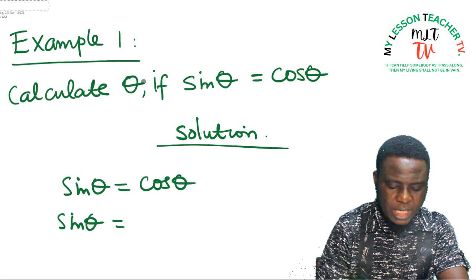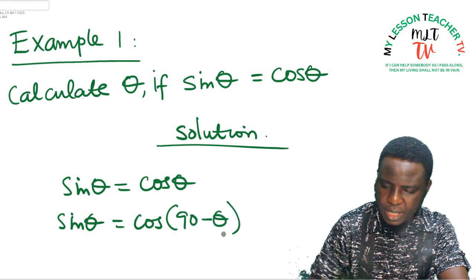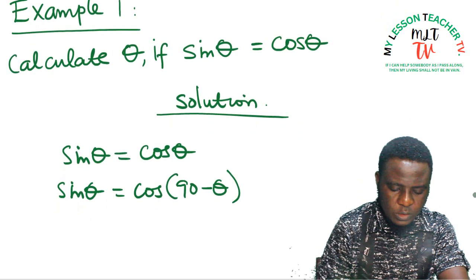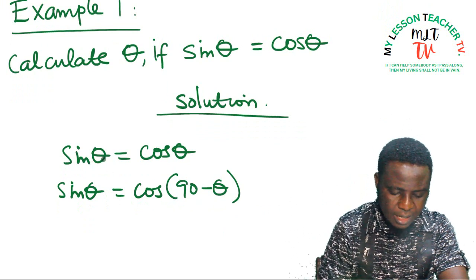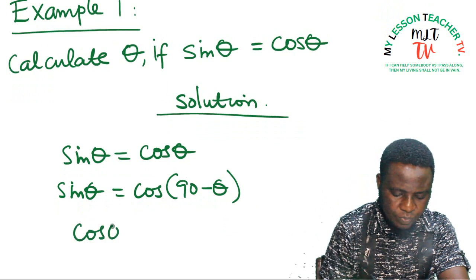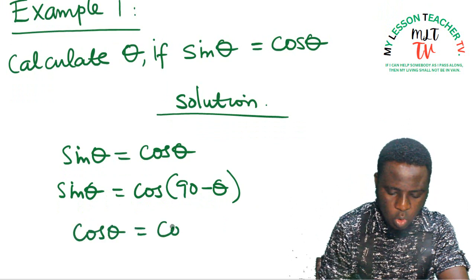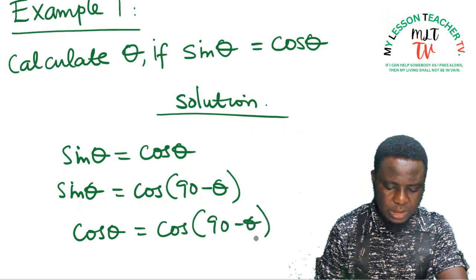We have established that sine theta can be expressed as cos 90 minus theta. I can then substitute cos 90 minus theta for sine theta, so that cos theta will be equal to cos into bracket 90 minus theta.